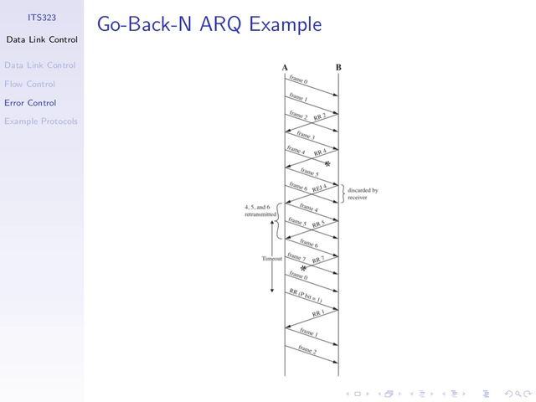And then maybe later we'll detect, let's say frame 0 was lost. B has received 5, 6 and 7. It doesn't receive 0. It receives an ACK request. So it sends an ACK saying, I've received 5, 6 and 7. I expect RR0.